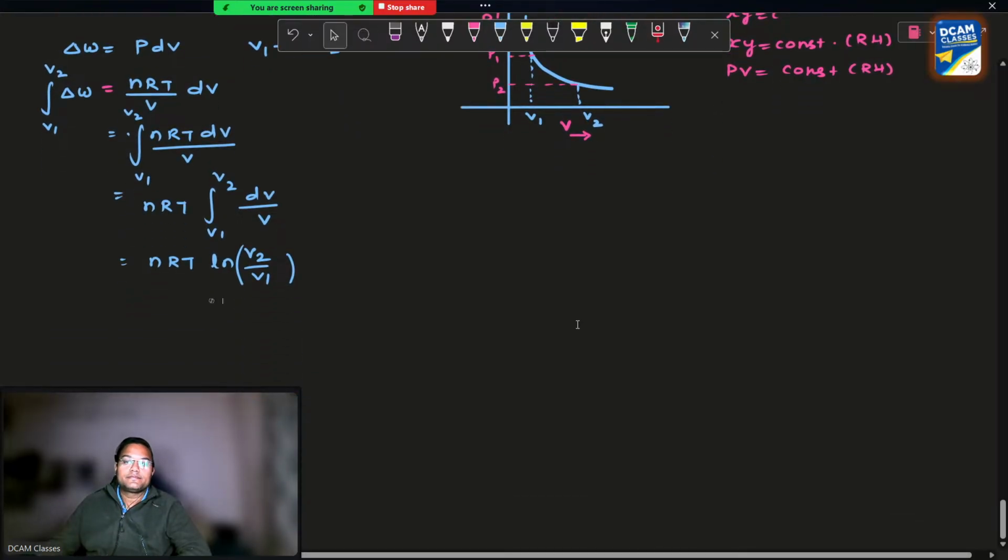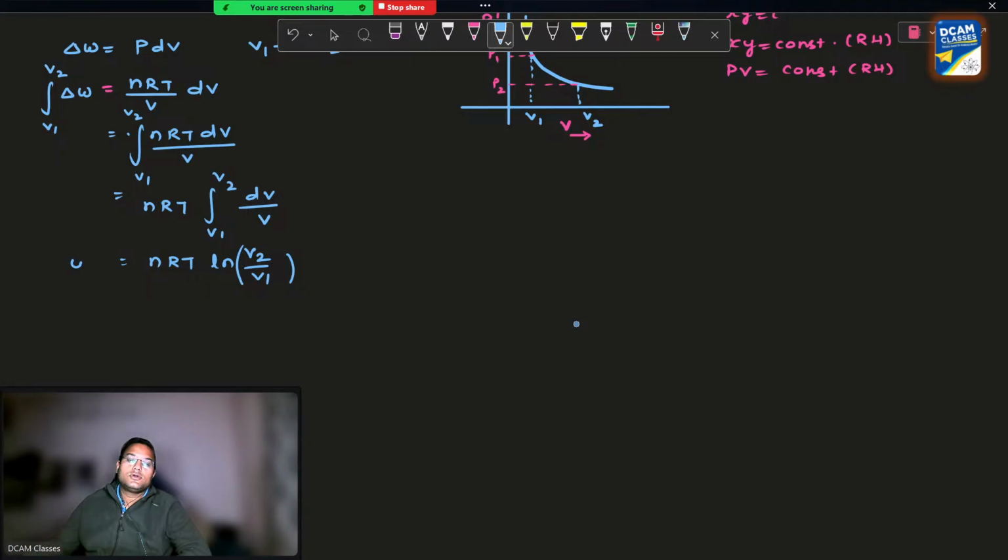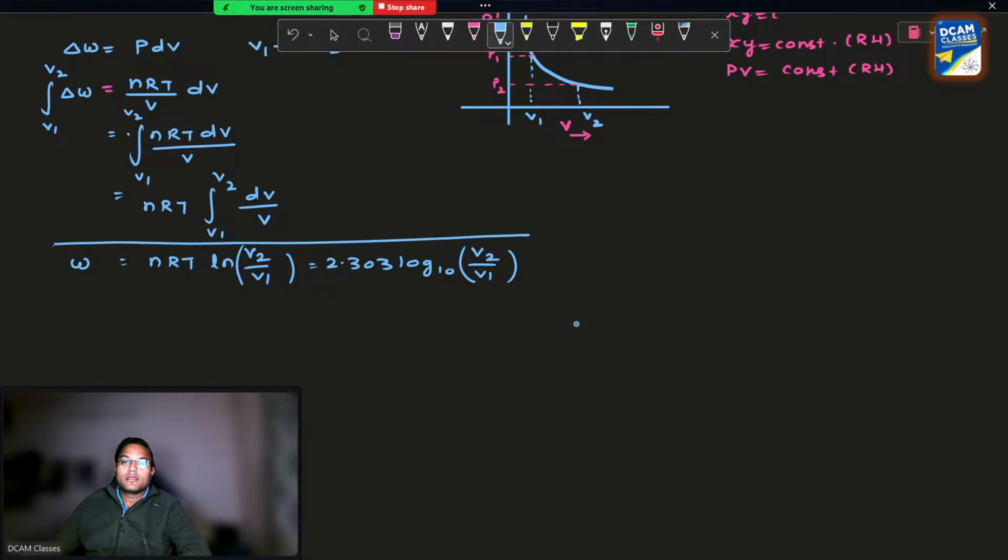Tell me, you understood or not? Yes, sir. This is how we calculate work done in the isothermal process.